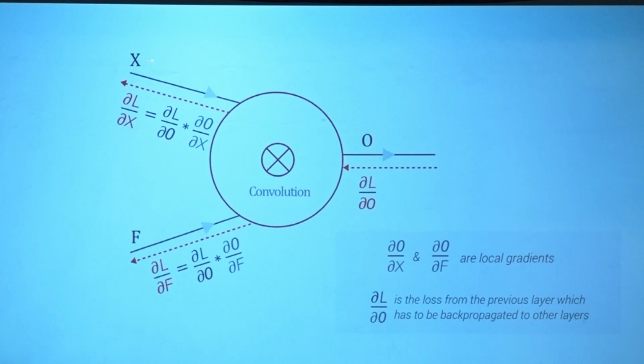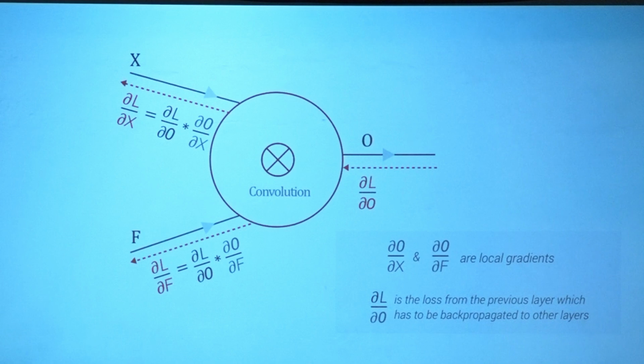From this O, which is in terms of X and F, you will get the local gradients, what? ∂O/∂X and ∂O/∂F. Correct? So ∂L/∂O is the loss from the previous layer, and ∂O/∂X and ∂O/∂F are the local gradients.